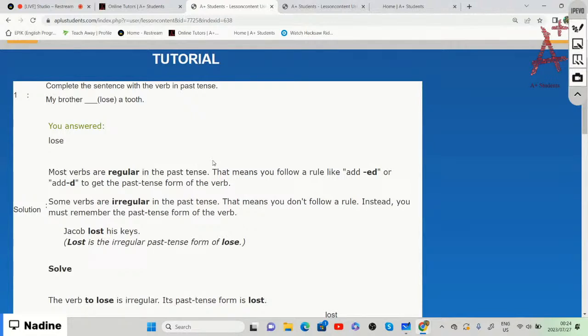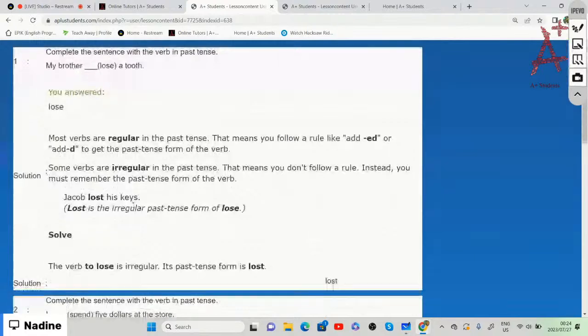But with irregular, some verbs are irregular within the past tense, and that means that you do not follow any rules. Instead, you must just remember the past tense form of the verb, right? And here we have an example.